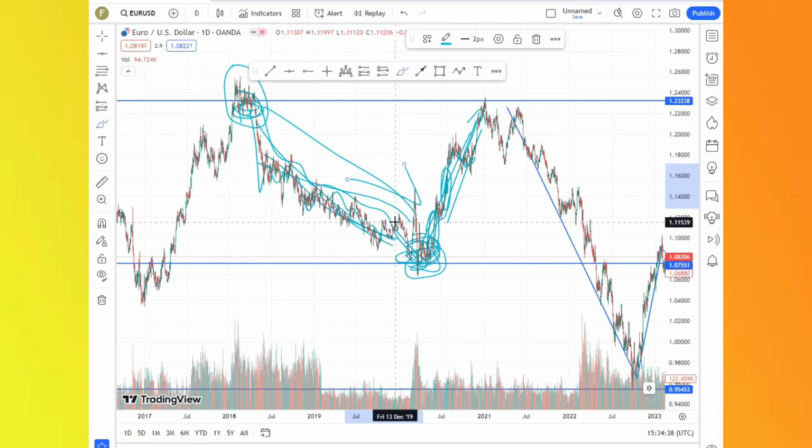So seeing that the market did that, we can also see that we have this beautiful retest here where the market decided to come and retest at this point before going to the upside.